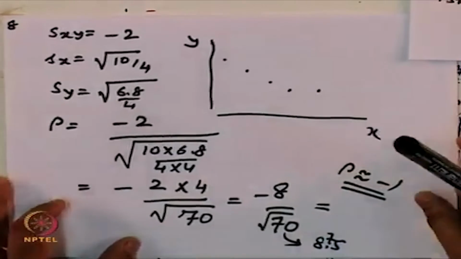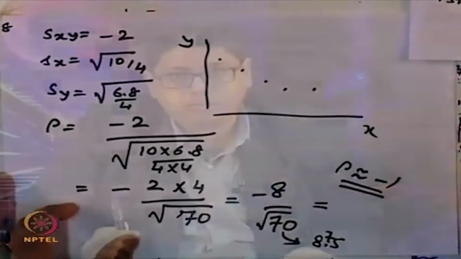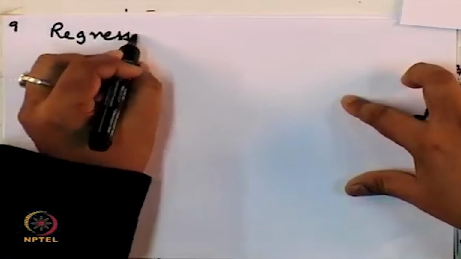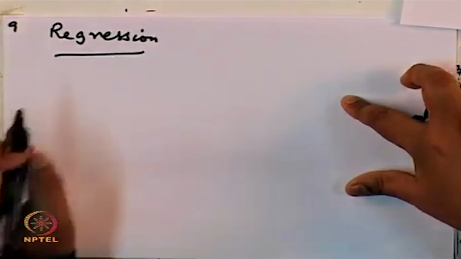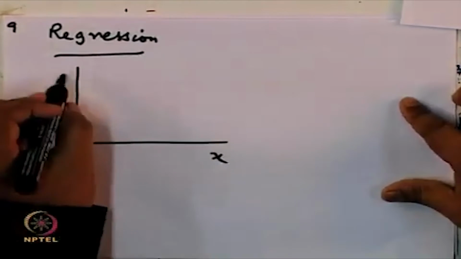Now, based on this, can I come up with a way to predict that given a value of x, what will be the value of y? And that is what we do using regression analysis. Okay. So, in regression, let us say you have a set of data points x and y.